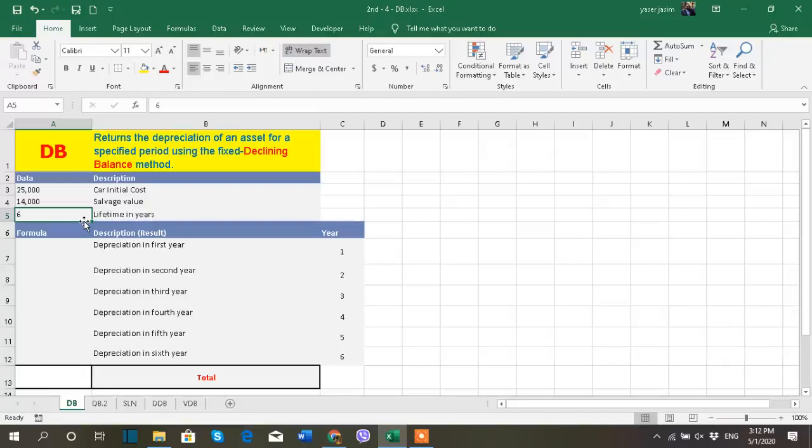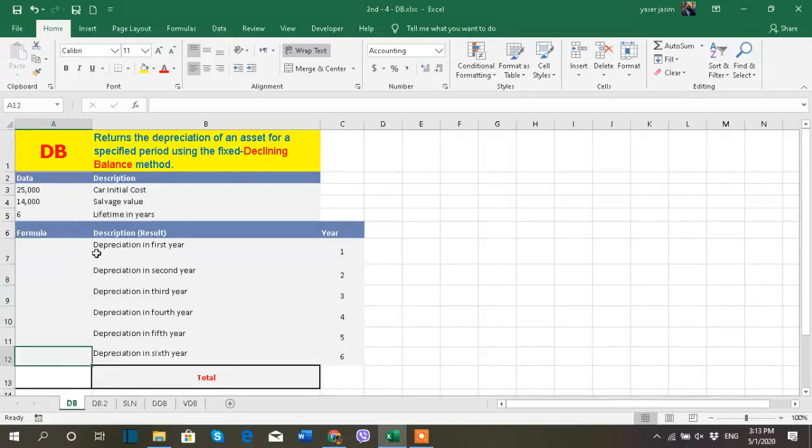I need to calculate the depreciation for my car if I'm going to use it for 6 years, and the salvage value I put is 14,000. What was the depreciation for my car after 6 years, or maybe after 1 year, according to our question?